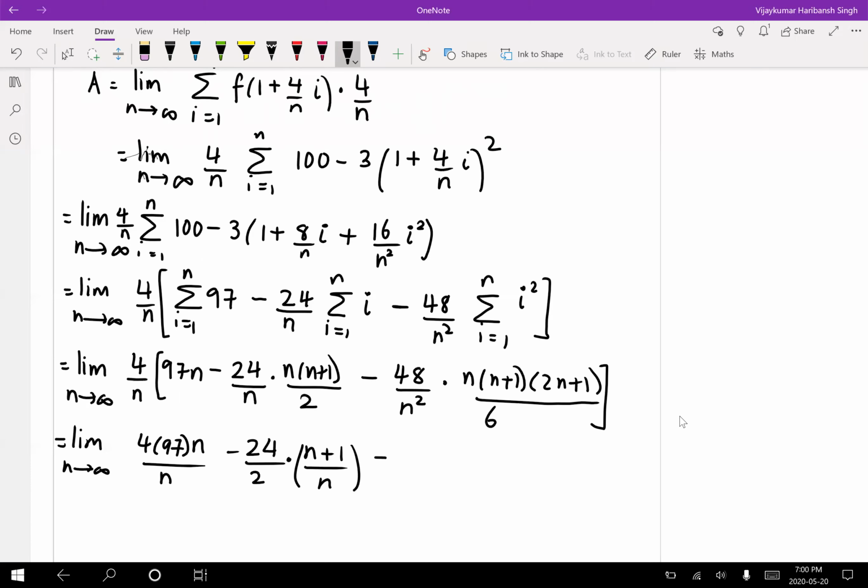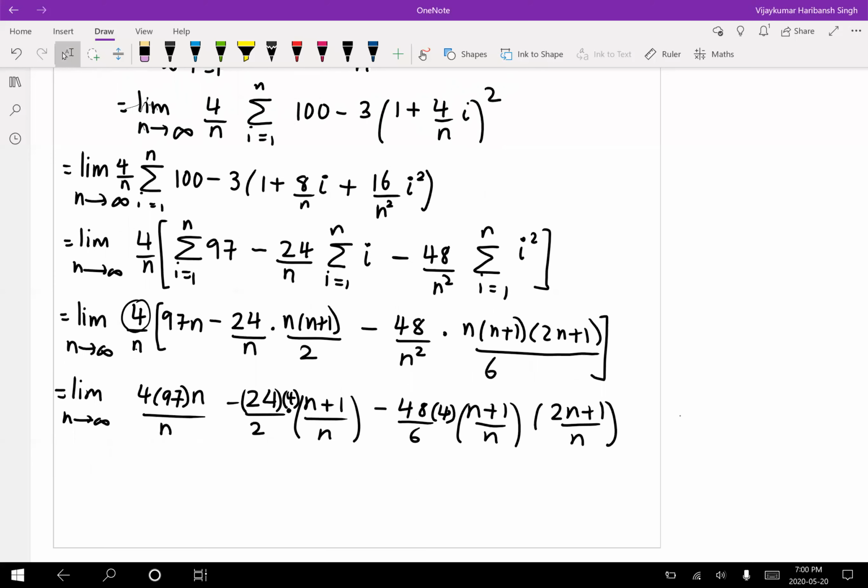For this one, we'll have 48 by 6. I am taking constants together. There is n square here, so one n will cancel with this, the other n will come below, and the outside n will multiply. So we'll get (2n plus 1) divided by n. And we have to multiply this by 4, right? This is also multiplied by the 4 which was outside, which had to multiply with all of them.